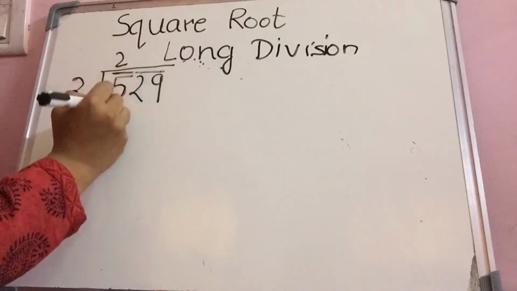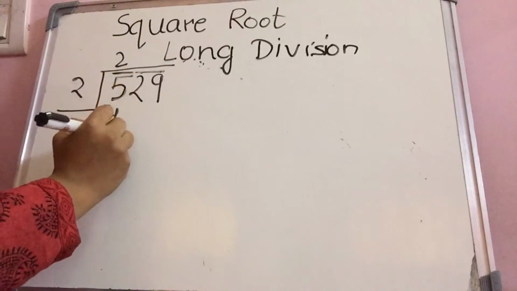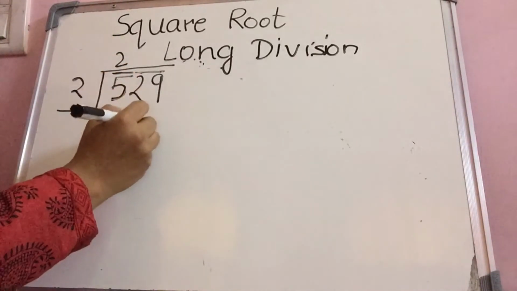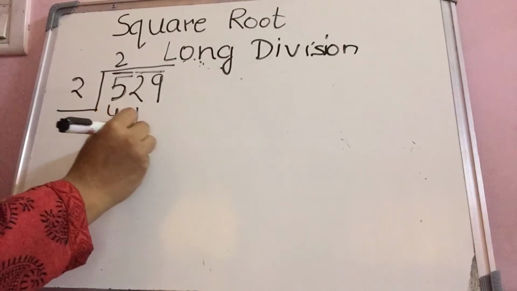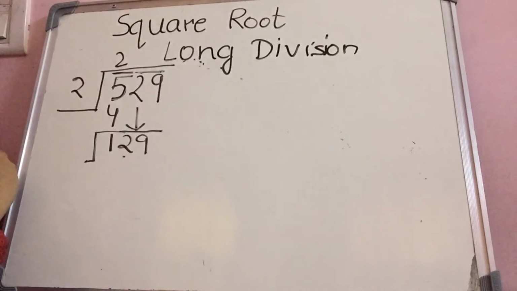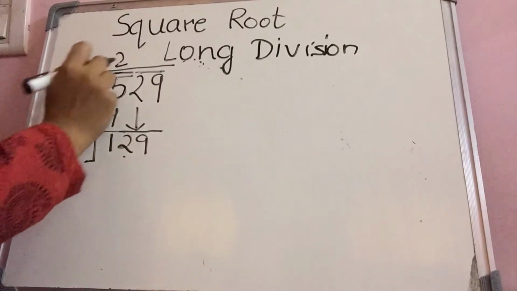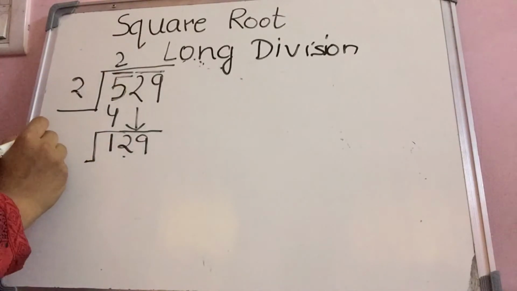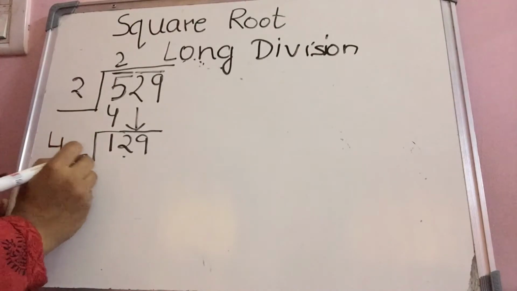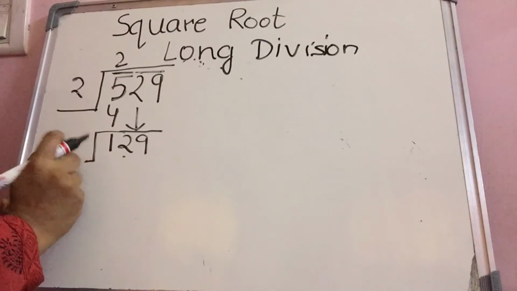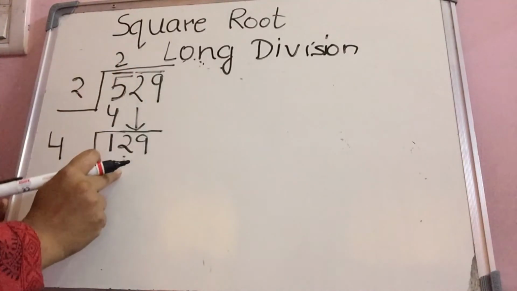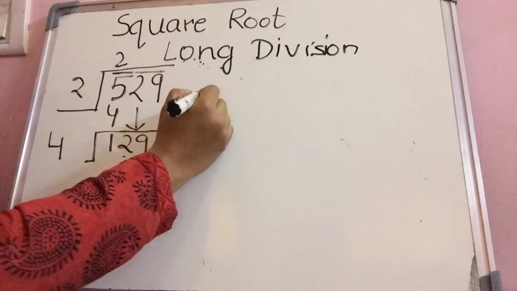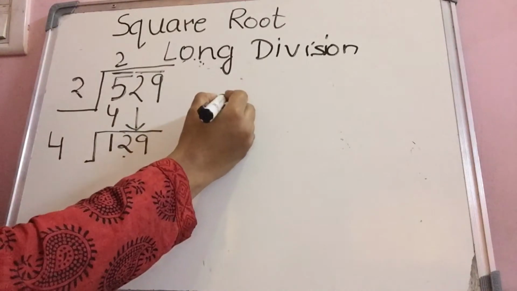So 2 times 2 is 4. We'll subtract and we'll get 1. We'll get down both the numbers, 29. Then we'll divide this 129 with the sum of these 2 numbers. 2 plus 2 is 4. And we'll keep the unit place empty because we have to multiply with the same number with which we are dividing. Okay? We'll try it for 3.